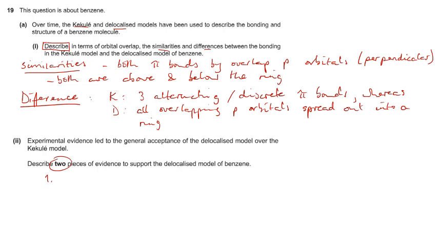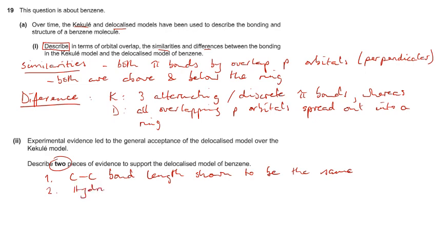So probably the easiest to talk about is the carbon-carbon bond length is shown to be the same, whereas Kekulé would predict that double bond to be shorter than a single bond. Okay, so you finish that sentence, and another one would be, let's say, when you hydrogenate it.